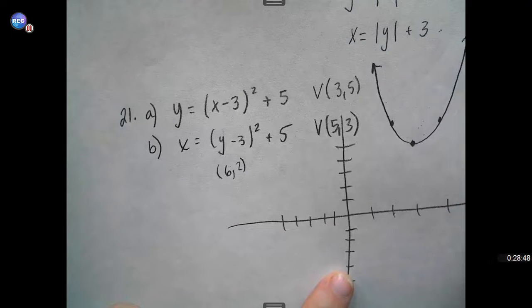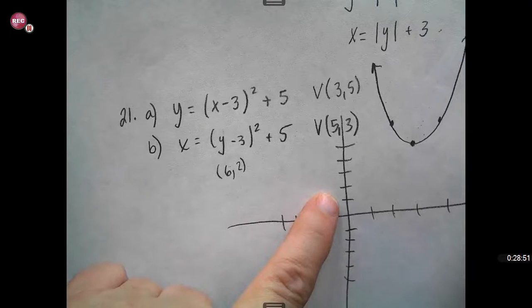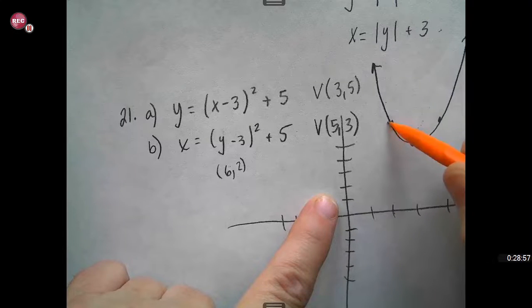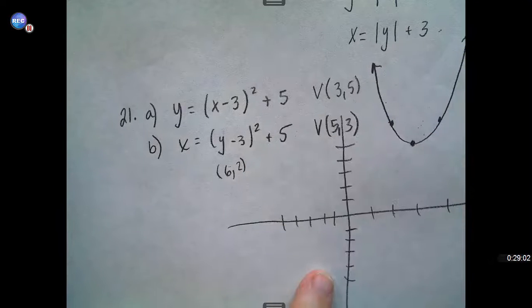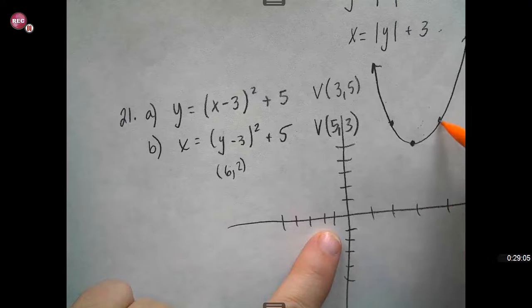So 6, 2 would be a point. Remember up here the point was 2, 6. And then the other point was at 4, 6, right?